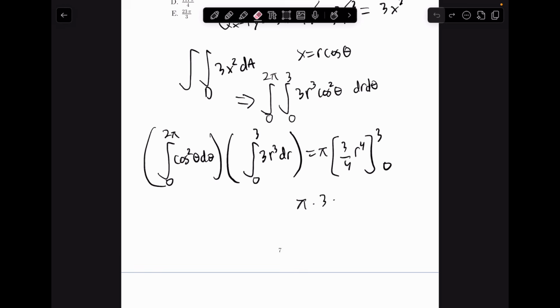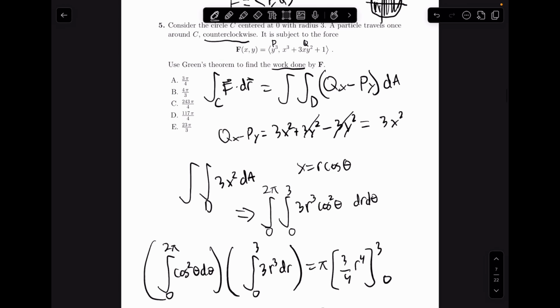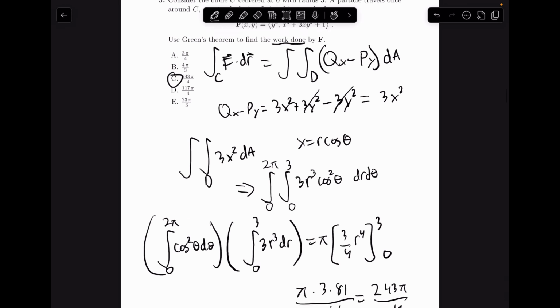Sorry, no, I am completely wrong here. What am I saying? No, it is 81. Okay. I did not sleep enough. All over 4, and that is equal to 243 pi over 4, and that is answer C. Wow, what a problem.